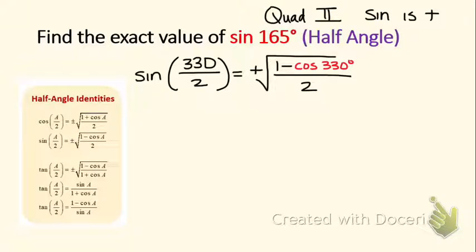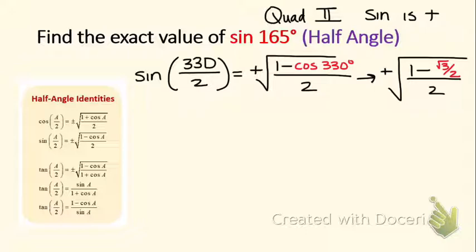So what is the cosine of 330? The cosine is root 3 over 2, and it's positive, right? Because we're in quadrant 2, and in quadrant 2 cosine is positive. So then we have 1 minus root 3 over 2, all over 2.